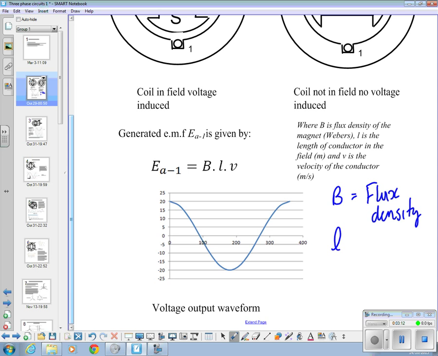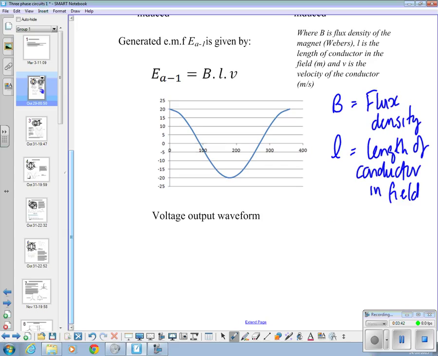L is the length of conductor in the field. So we'd get a bigger voltage if we increase the magnetic flux density. We get a bigger voltage if we add more turns on the coil, so we have more length of conductor in the field.